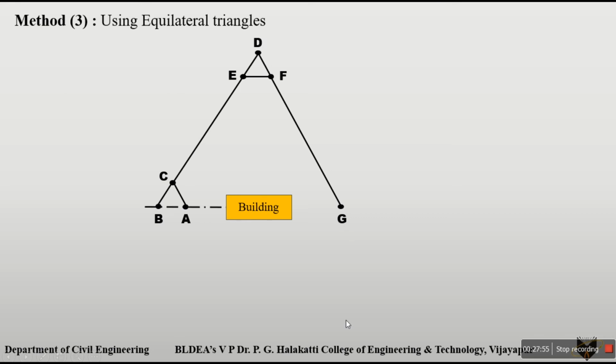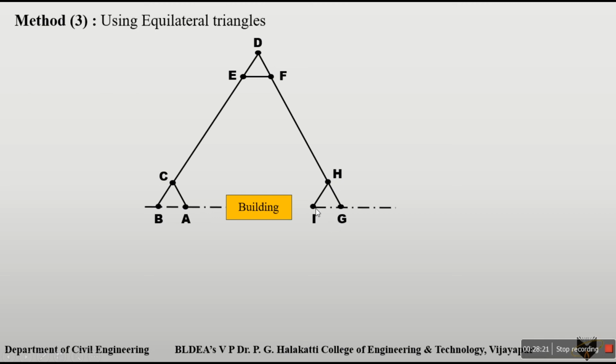Then you get this point G. With the same length, 1 meter arc along this line, you will get one more point, that is H. At these 2 points hold 0 of the tape and draw an arc, and one more point will be obtained, that is I. Then join these 3 points, and we will get one more equilateral triangle.